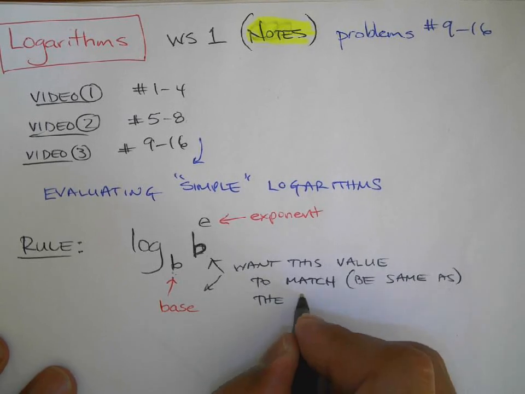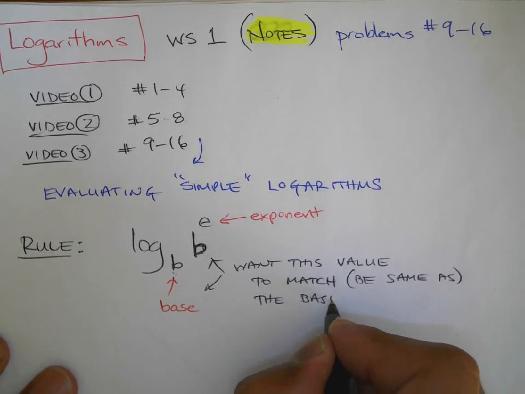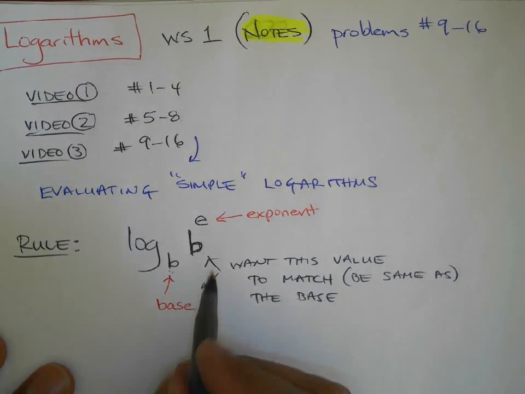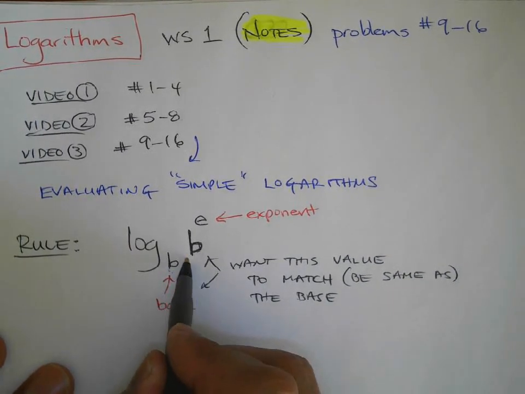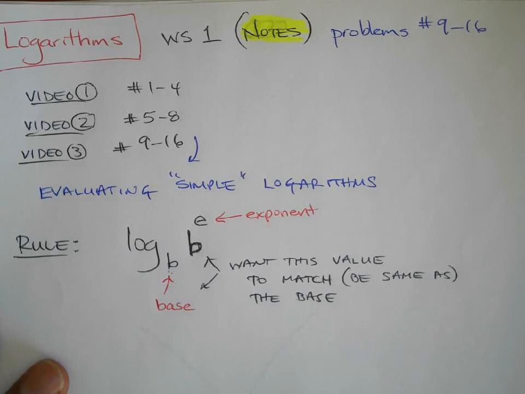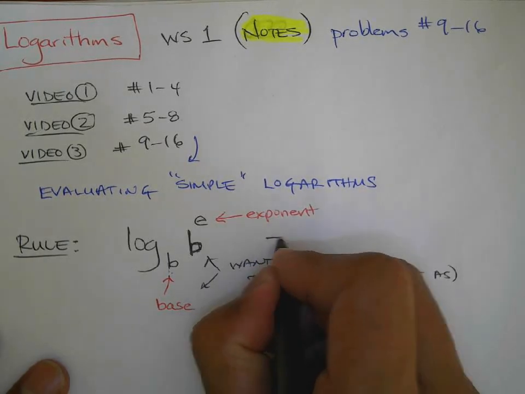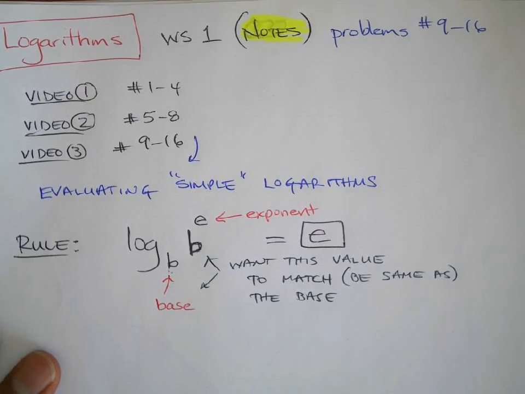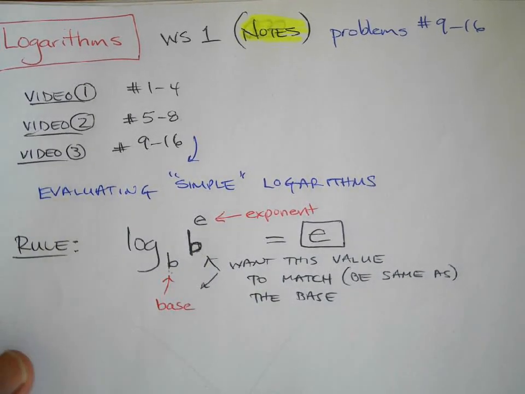The base. And if you get that to happen, if these 2 match and these will be the same numbers, the answer is the exponent. So the answer is just E. Once you get these two to match, the answer is the exponent e.